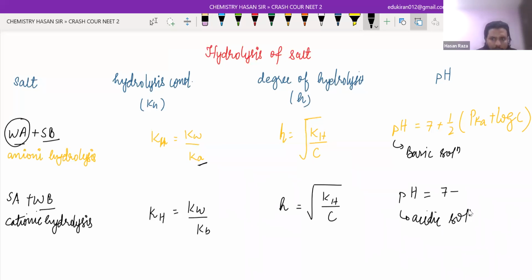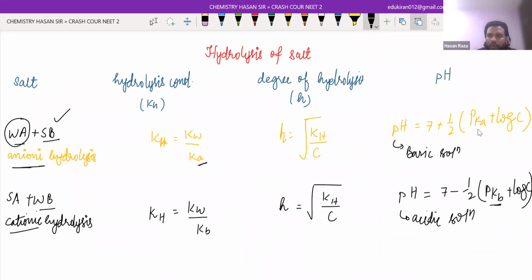Or you can remember it this way: since a strong base is there, anionic, you add it; since cationic, it's just opposite, you subtract it, and the rest part will be as it is. We just need to write pKb plus log C.